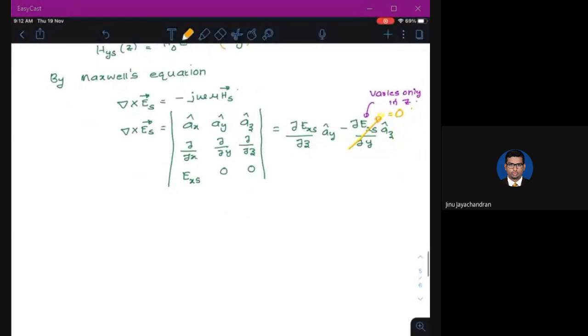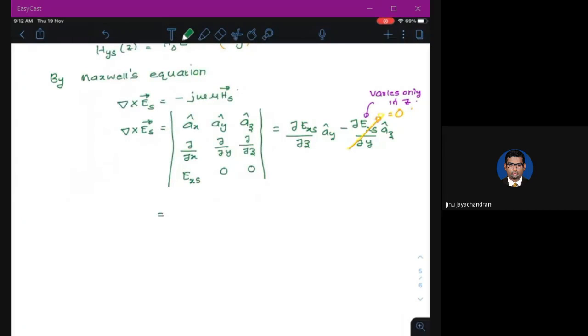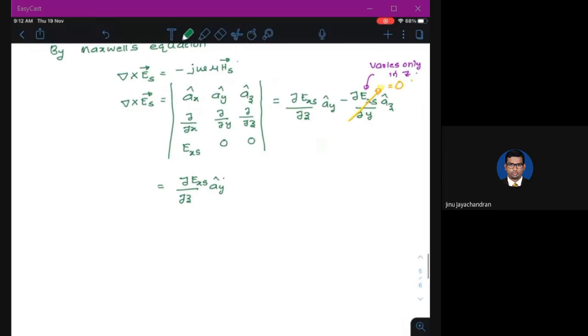Okay. So your final expression of del cross ES is equal to dou by dou Z EXS AY cap. So this is equal to dou EXS by dou Z AY cap is equal to minus j omega mu HS bar.